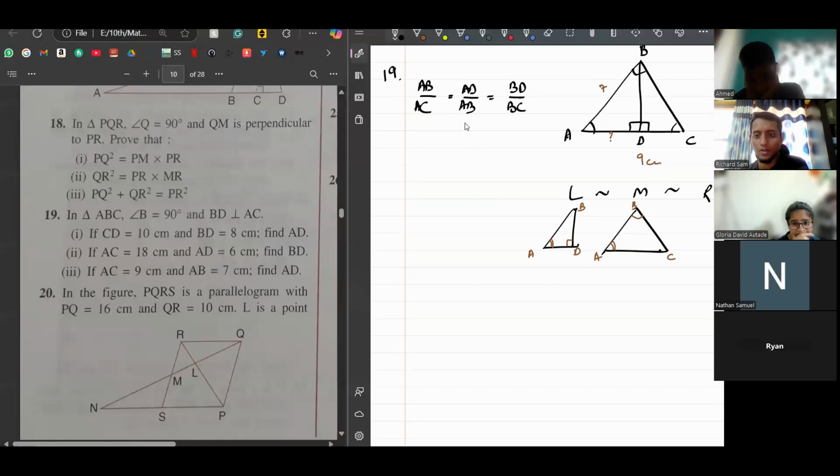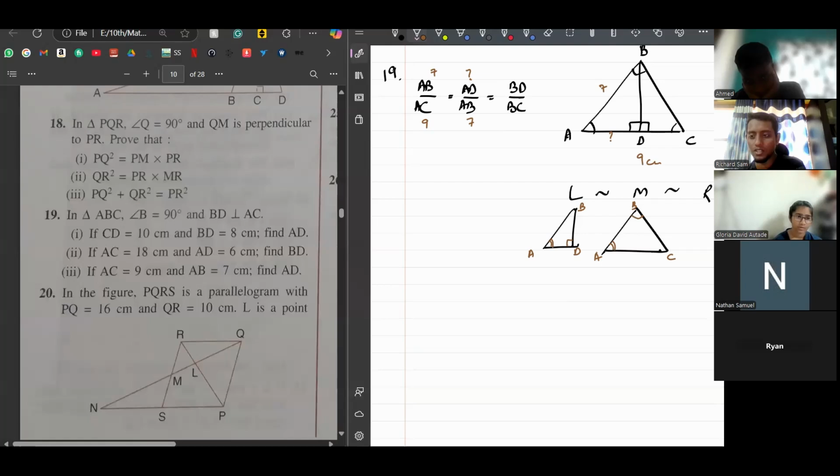Now here, what all do we have? With a pencil, you can write over here. AB is 7. AC is 9. AD is what we have to find. AD over AB equals AB over AC, so AD over 7 equals 7 over 9. Cross multiply this. AD is the missing value, you will find AD. Is everyone clear how to do this?